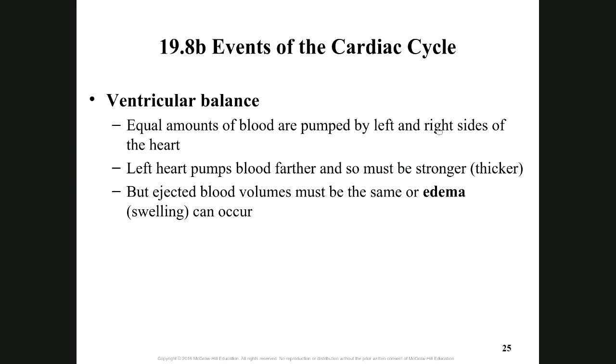Although we have a stronger and thicker wall in the left ventricle, the left side can make more pressure on the blood to send it to all parts of our body. And this amount should be the same. If we don't have the same ejection, then we have a problem which we call edema. Edema or swelling can take place, and I will talk about systemic edema and pulmonary edema later for you.